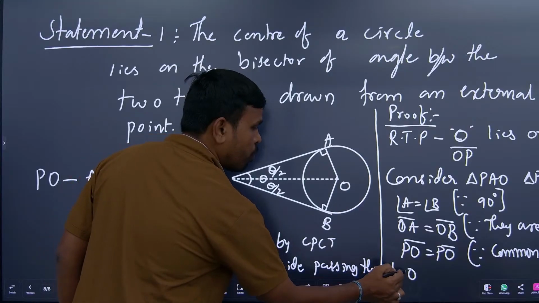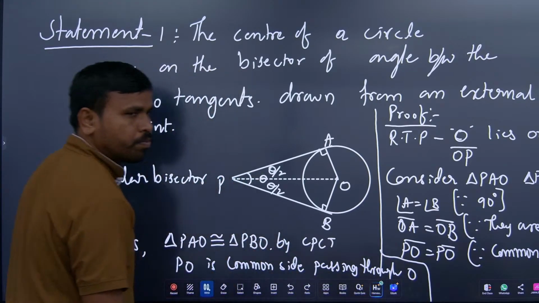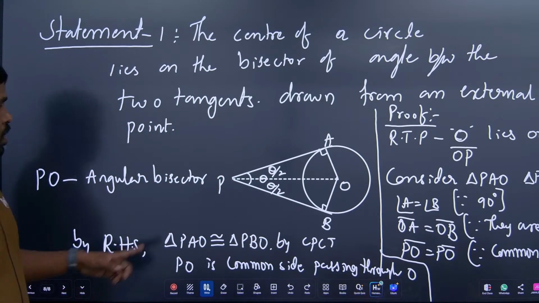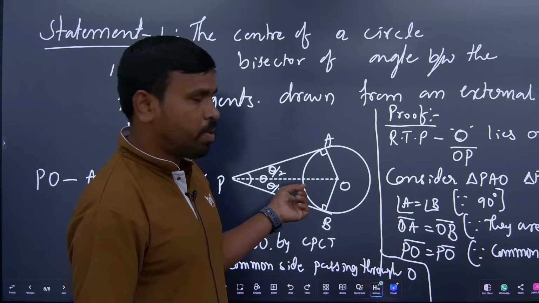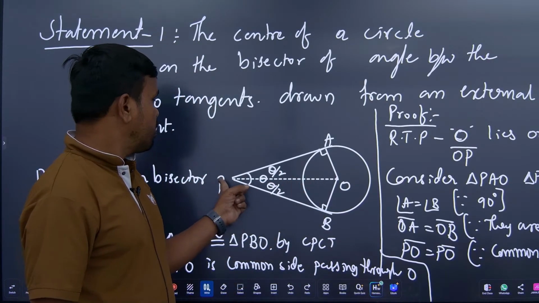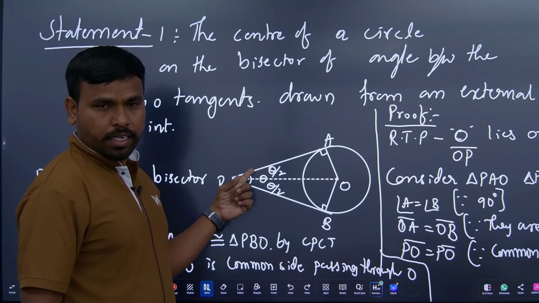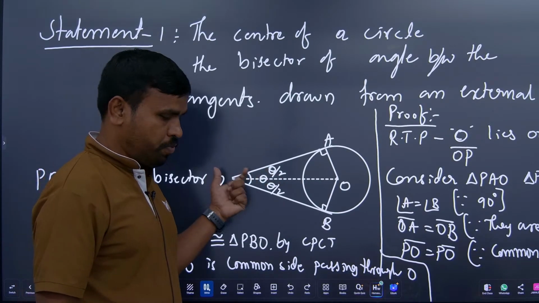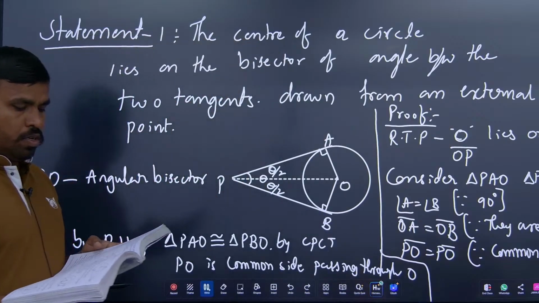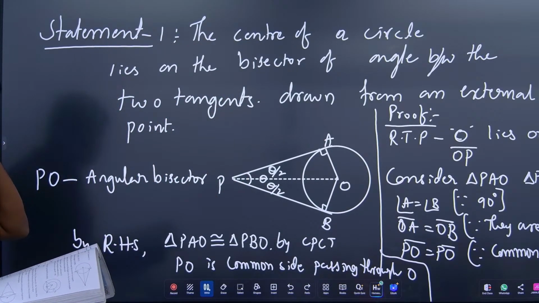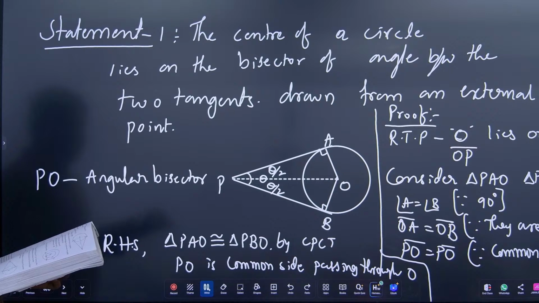Through O, center. Yes, so O lies on the angular bisector of the tangents, the two tangents where they form an angle. So PO or OP is the bisector of angle QPR.